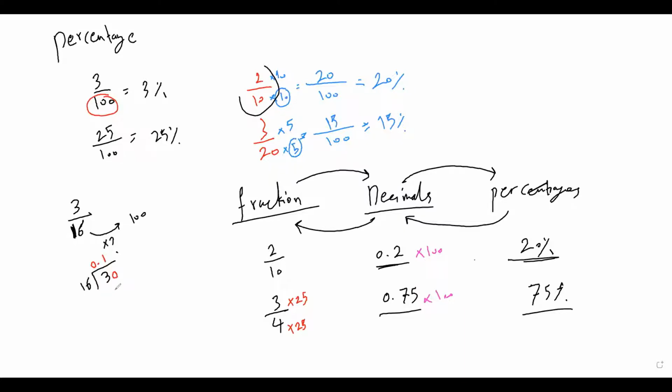I need a 1. 1 times 16, 16. That would be 14. Then add another 0, and bring it down. What's the next one? How many 16s can I fit into it? Is it 8?